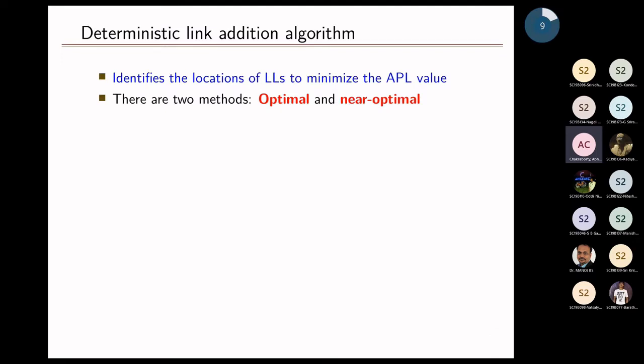On the other hand, if we go for deterministic link addition, in this case we are trying to optimize, either maximize or minimize, some parameters. In today's discussion, we are mostly concentrating on average path length, so here we are trying to minimize average path length.